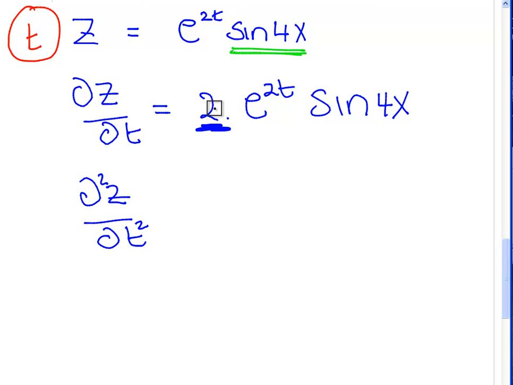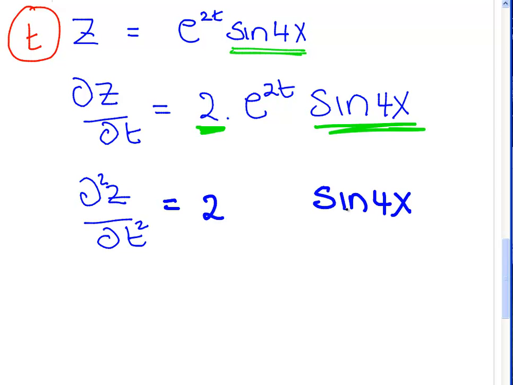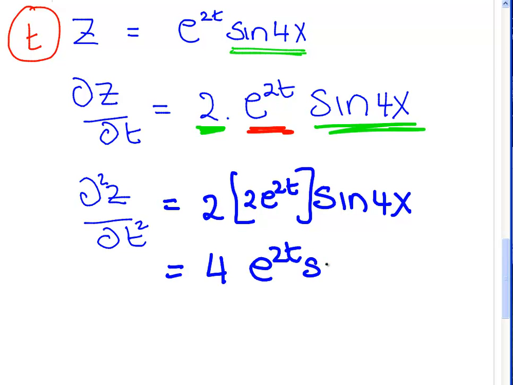Let's use green there. This is a constant and this is a constant. So we're just going to bring them straight down before we start the differentiation. And what do we have to do? We have to differentiate this part here. So that is 2 times e to the 2t, again, just exactly like the last time. So we can tighten that up. That's 4 times e to the 2t sine of 4x.